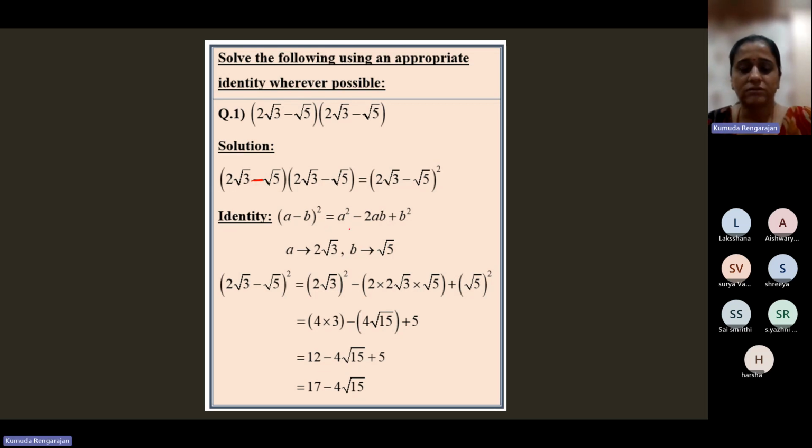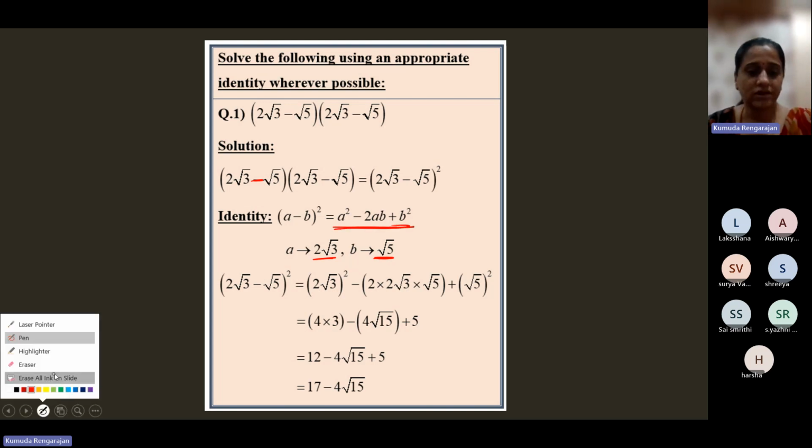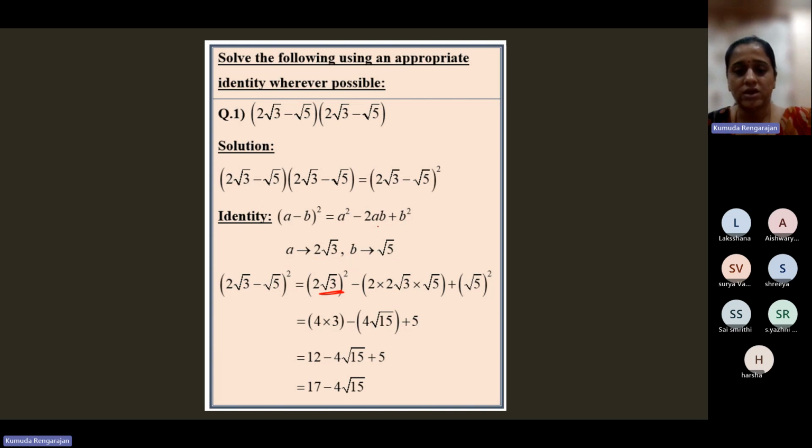And to expand A minus B the whole square, it is A square minus 2AB plus B square, where A is 2 root 3 and B is root 5. So now use this one to expand. A square, 2 root 3 the whole square, minus 2AB, minus 2 into, this is A and this is B, 2AB, plus B square. So plus root 5 the whole square.